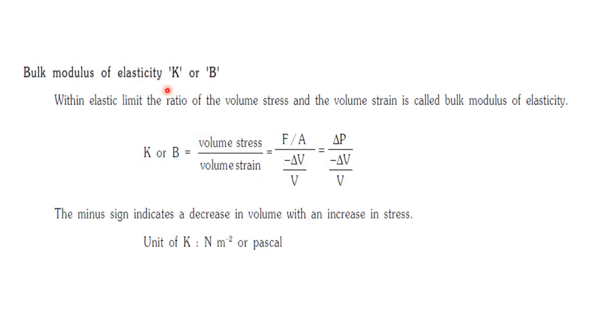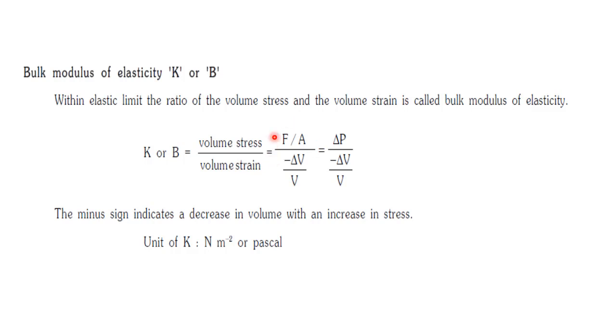Now what is bulk modulus, which is denoted sometimes as K, or in some books B? Within elastic limit, it is the ratio of volumetric stress to volumetric strain. When you apply force normal to the surface and the volume changes, force per unit area produces a change in volume, and we say it is the bulk modulus of elasticity.